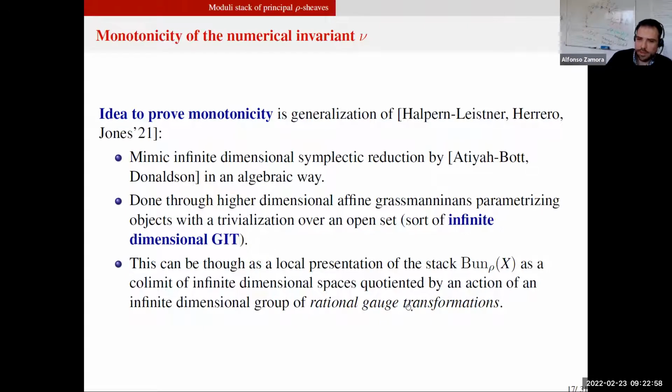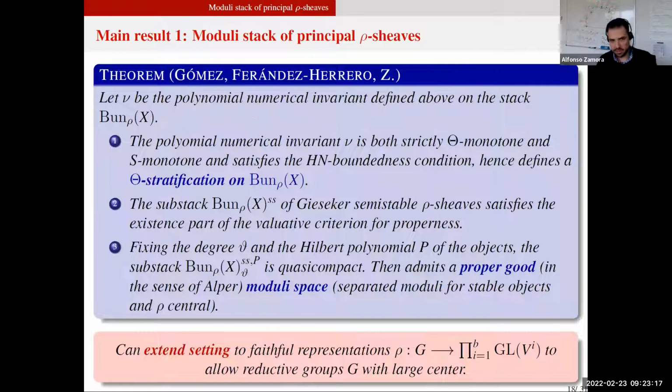The role played by the gauge transformations in Atiyah-Bott's and Donaldson's reduction is now played by an infinite dimensional algebraic group of rational gauge transformations. So this is the idea of what monotonicity means.